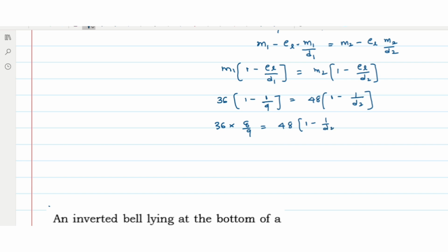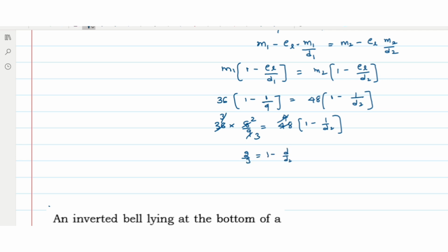Now cancel this: 12 3s are 36, 12 4s are 48, and again 4 2s are 8 and 3 3s are 9, so we get 2 by 3, which is equivalent to 1 minus 1 by d2.